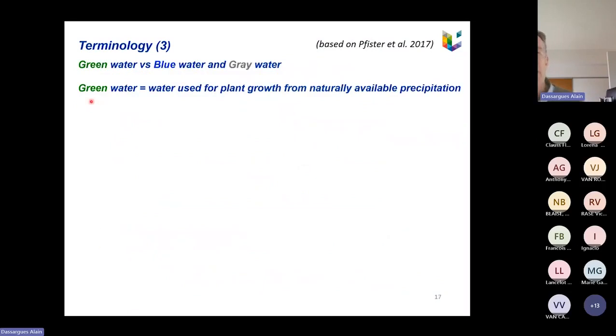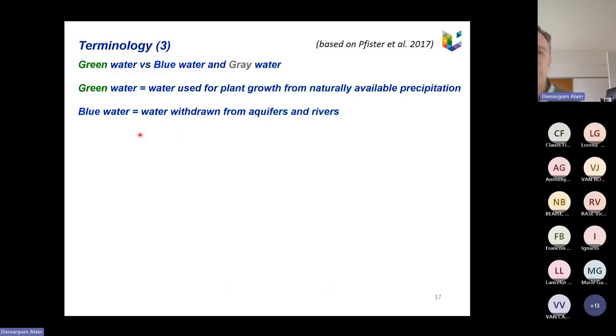So first of all, let's start with green water. What is green water? Water that is used for plant growth from naturally available precipitation. Okay, that's clear. Blue water is, in fact, water that is in rivers, lakes and groundwater.